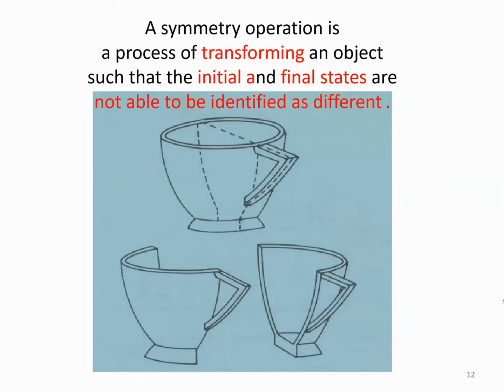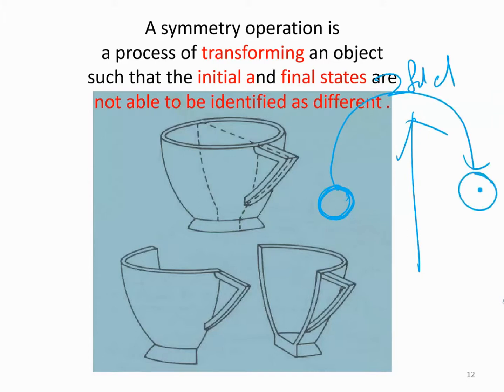Okay, the definition of symmetry: a symmetry operation is a process of transforming an object such that the initial and final states are not able to be identified as different. Remember just now I said for twofold, I have one origin lattice point or atom here, and then you rotate by 180 degrees and come to this point.